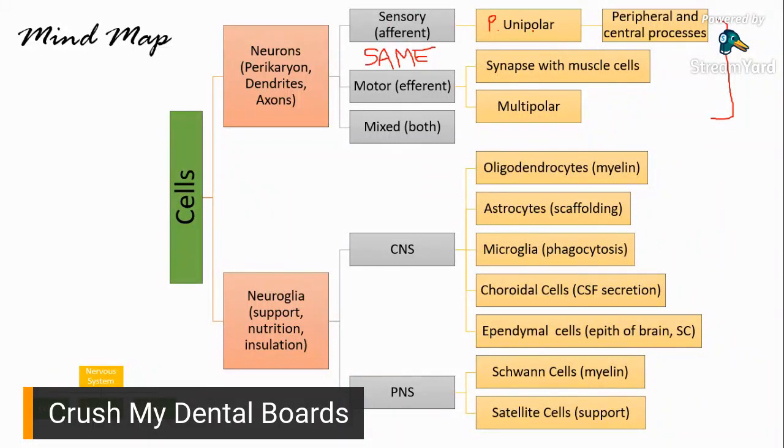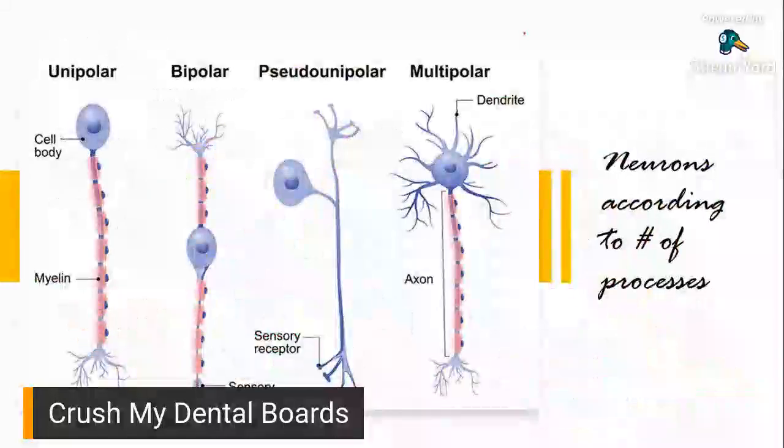If we go back to the picture for the pseudo unipolar, we have two processes. You have a peripheral process that's attached to your sensory receptors. Once there's a stimulus and the receptor receives the stimulus, it sends a signal towards your cell body.